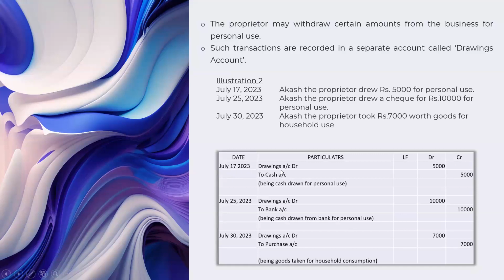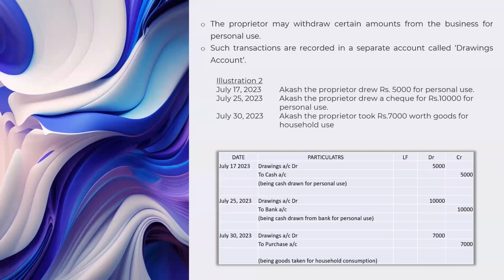July 17, drawings account debtor to cash account. Here you cannot make all three entries as a cash account like the previous one, because in the first particulars the cash has been withdrawn directly from the office.